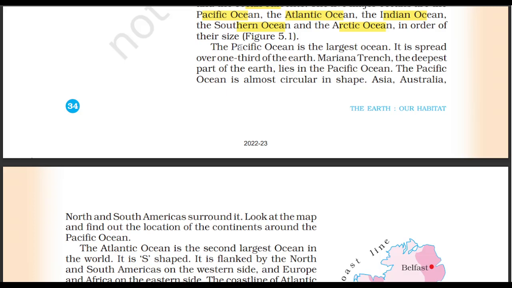The Pacific Ocean is almost circular in shape. Asia, Australia, and North and South America surround it. Look at the map and find the location of the continents around the Pacific Ocean.